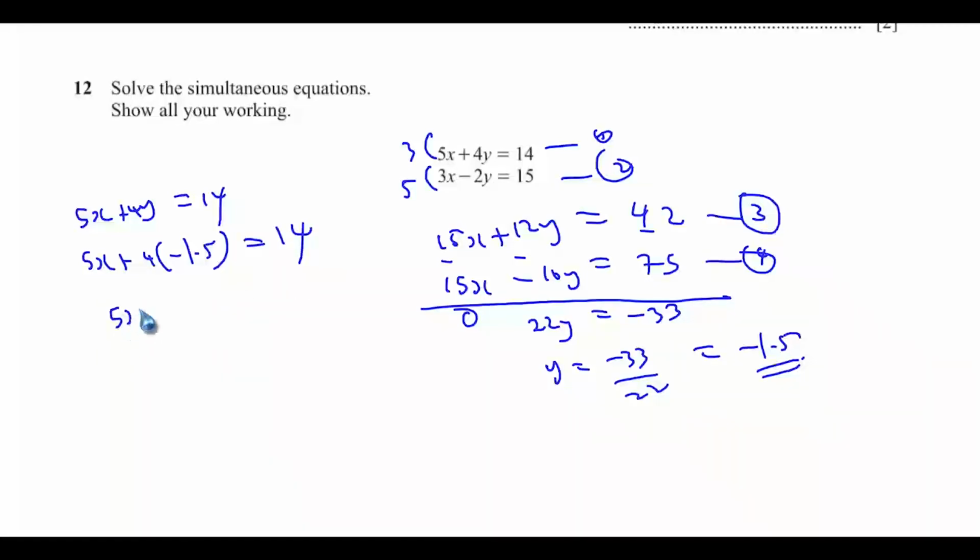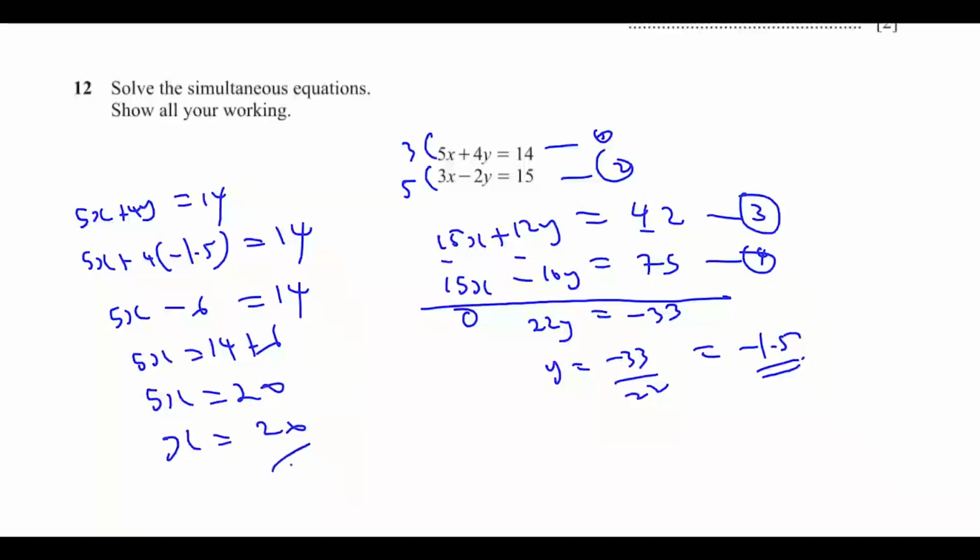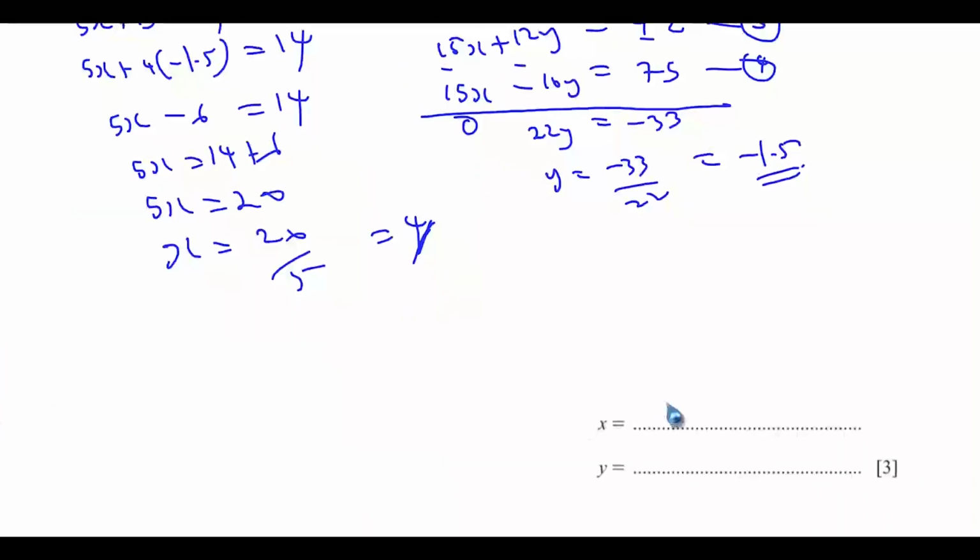Then we have 5x, if we do this, this will give you minus 6, then equals to 14, then 5x equals to 14 plus 6, 5x equals to 20, x is equals to 20 over 5, so x equals to 4. So we have x to be equals to 4 and y is equals to negative 1.5.